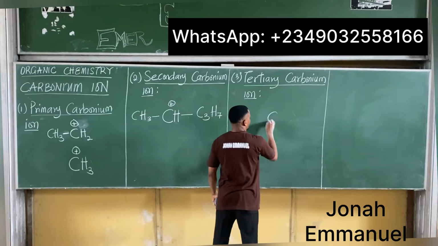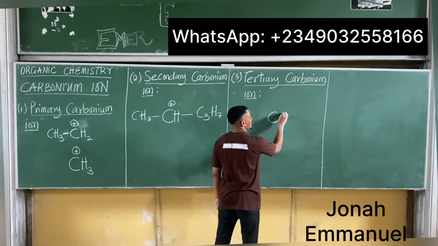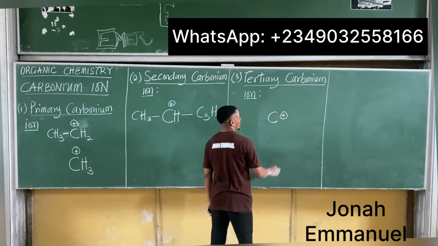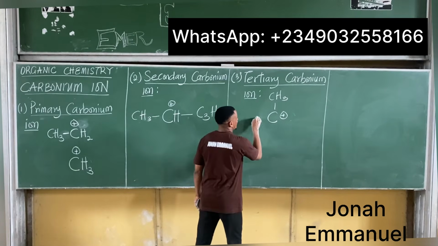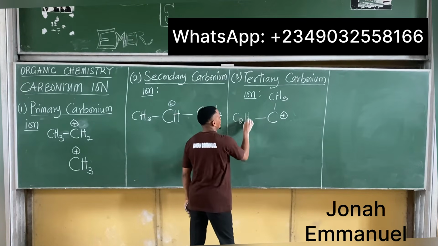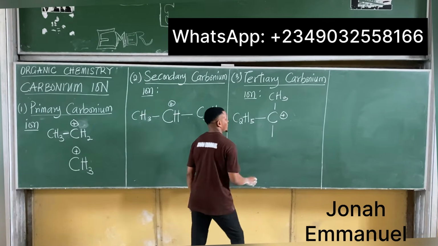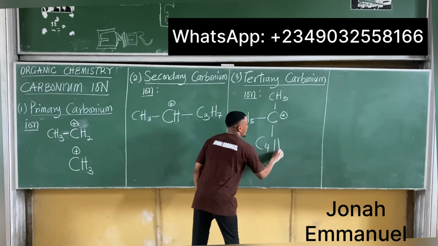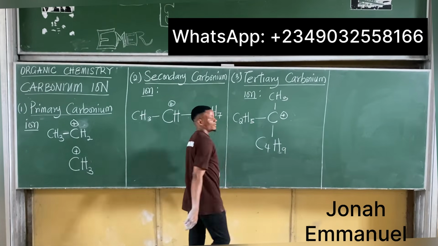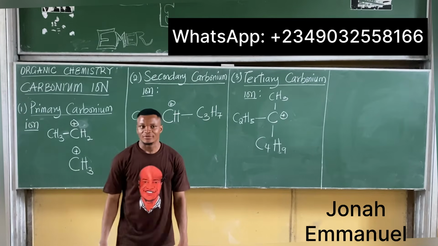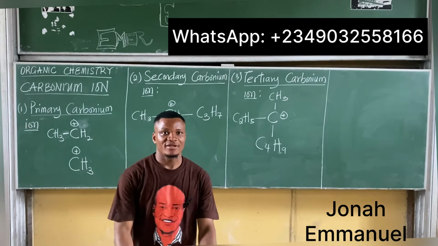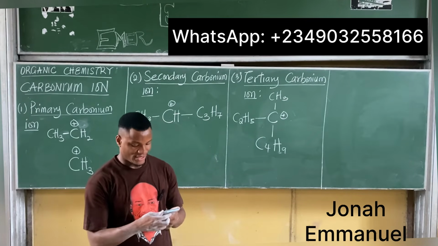C there, having the plus sign. The plus sign can still be here. I now have my first alkyl group, CH3, my second alkyl group, C2H5, my third alkyl group, C4H9. It becomes a tertiary carbonium ion.